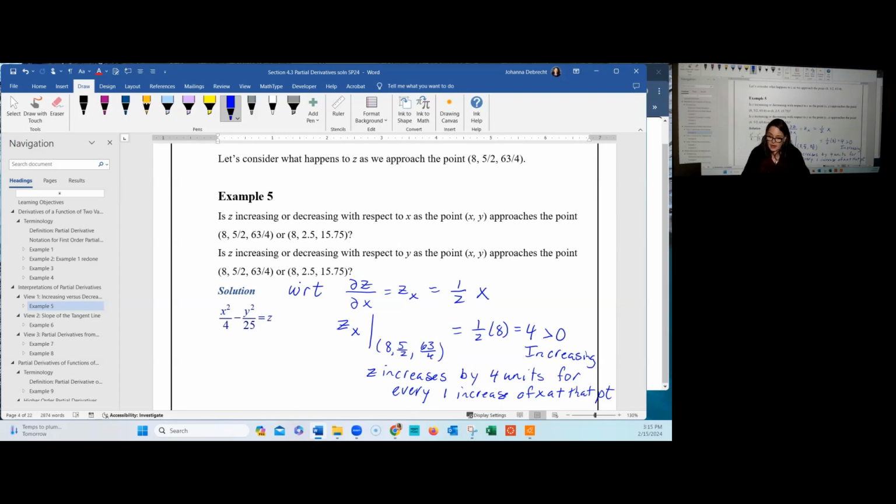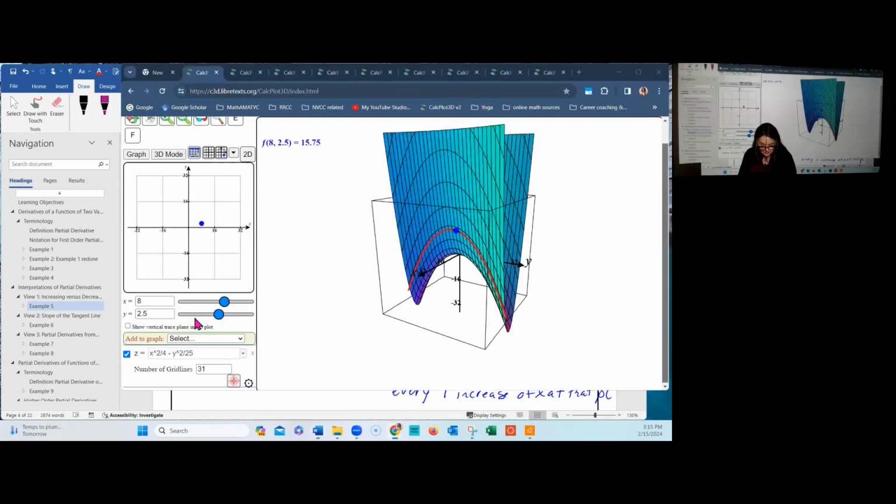Now, let's take a look at this on the actual function in CalPlot 3D. In CalPlot 3D, I entered the equation in the z equals box, and then I opened what's called the 2D trace plane. The 2D trace plane is the third graph type icon below the main icons.